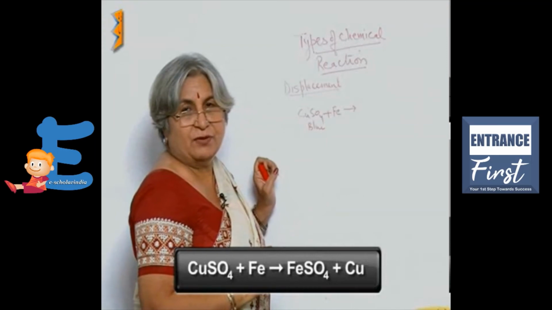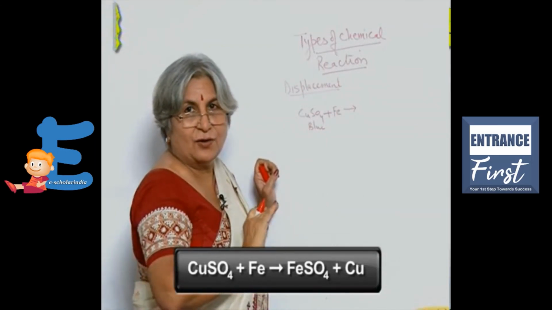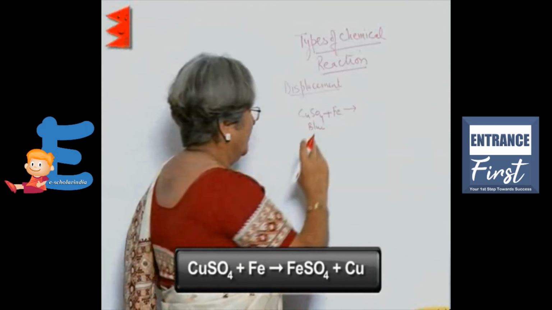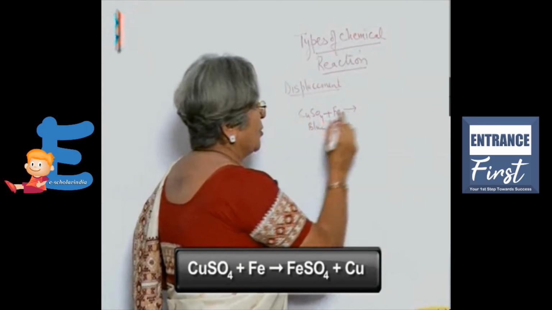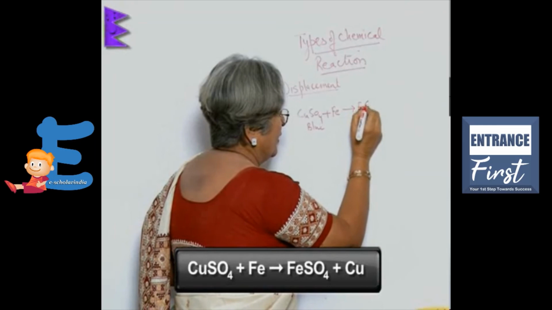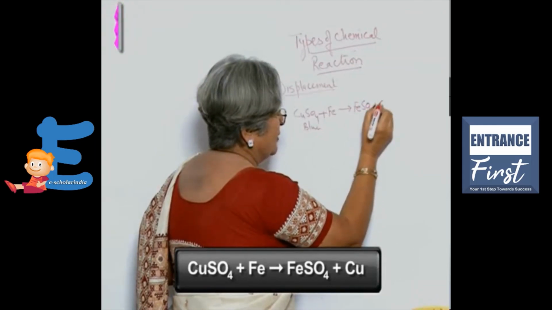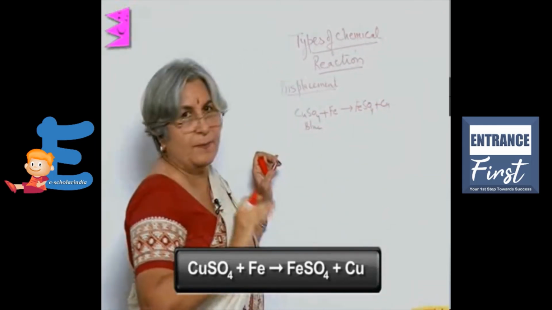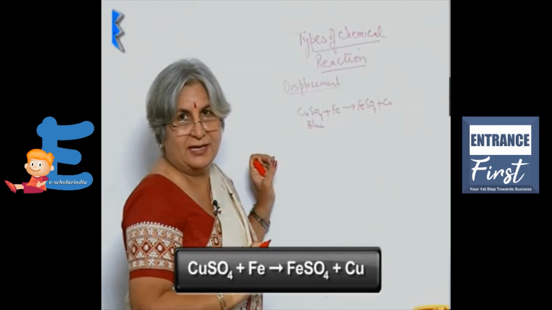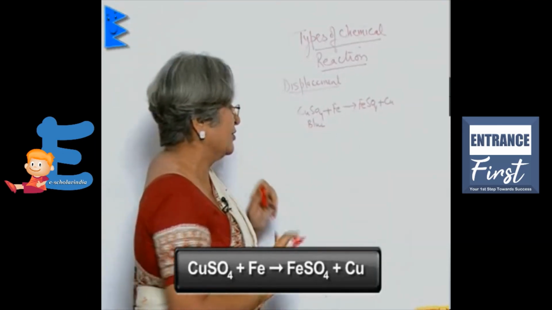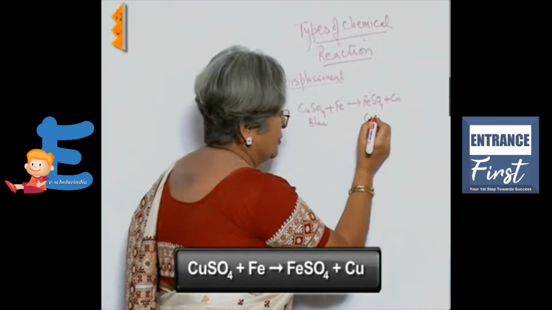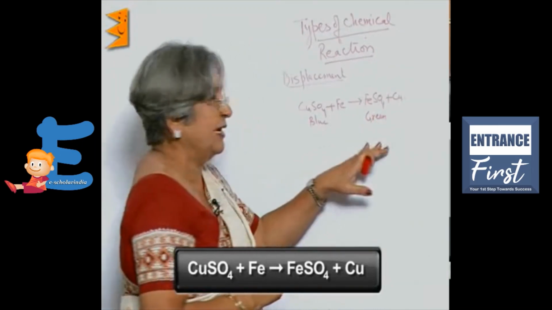After some time, what did we find? Iron nails were brown in color. Why? Copper got deposited on them because iron replaced copper. So what we got was iron sulfate plus copper, and copper got deposited on the iron nails, and ferrous sulfate solution is green. So the solution turned from blue to green.